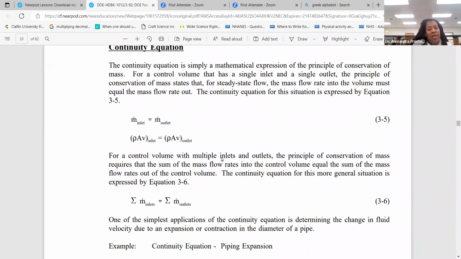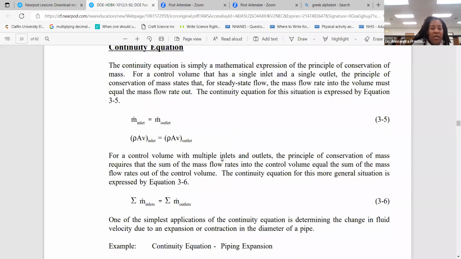The continuity equation is simply a mathematical expression of the principle of conservation of mass. So for a control volume that has a single inlet and a single outlet, the principle of conservation of mass says that for steady state flow, the mass flow rate into the volume must be equal to the mass flow rate out.